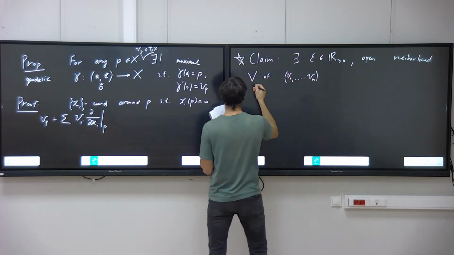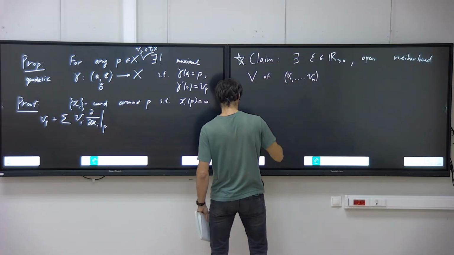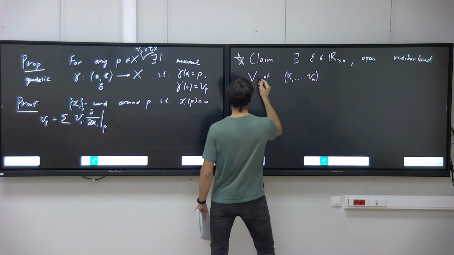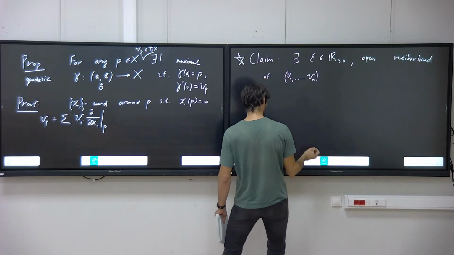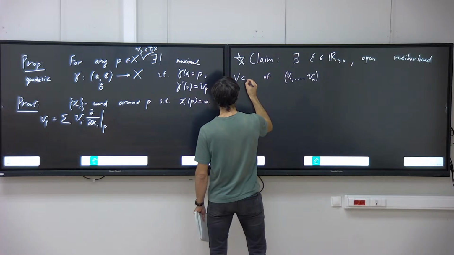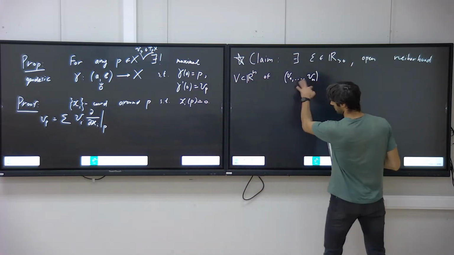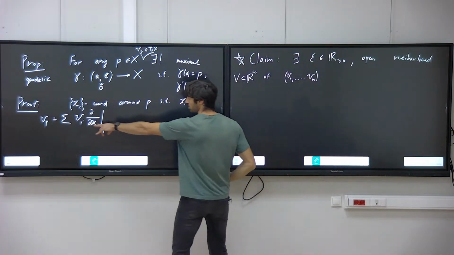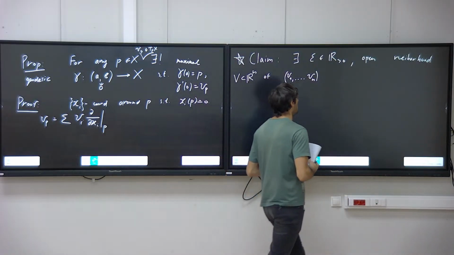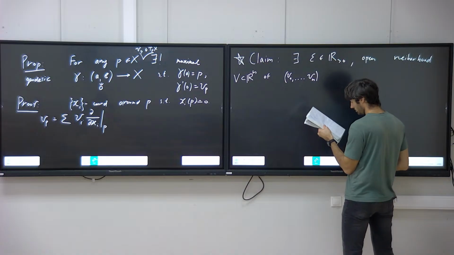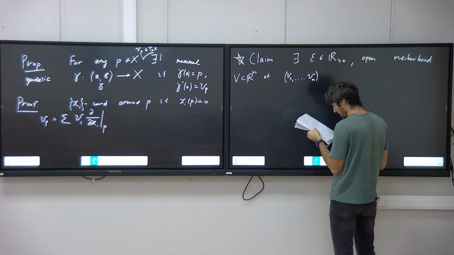Well, it is open in R^n, so V in R^n. So these V^i are given by V_p. So these are the coefficients.